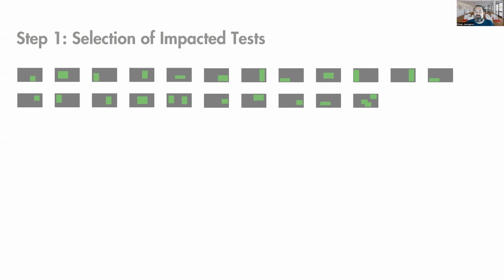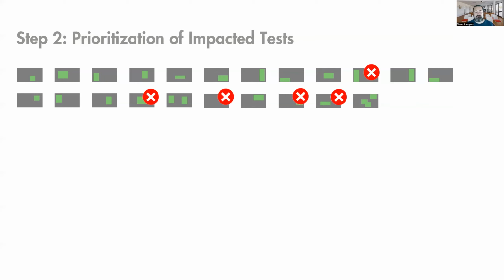However, other areas of the system are executed by many test cases. And in those situations, it might still take too long to execute all of them. So the second step tries to order the test cases in such a way that bugs are detected as quickly as possible. And how does that work? If we would execute all the tests now, then many of them would pass and some would fail. The failures are depicted here by a red circle with a white cross.